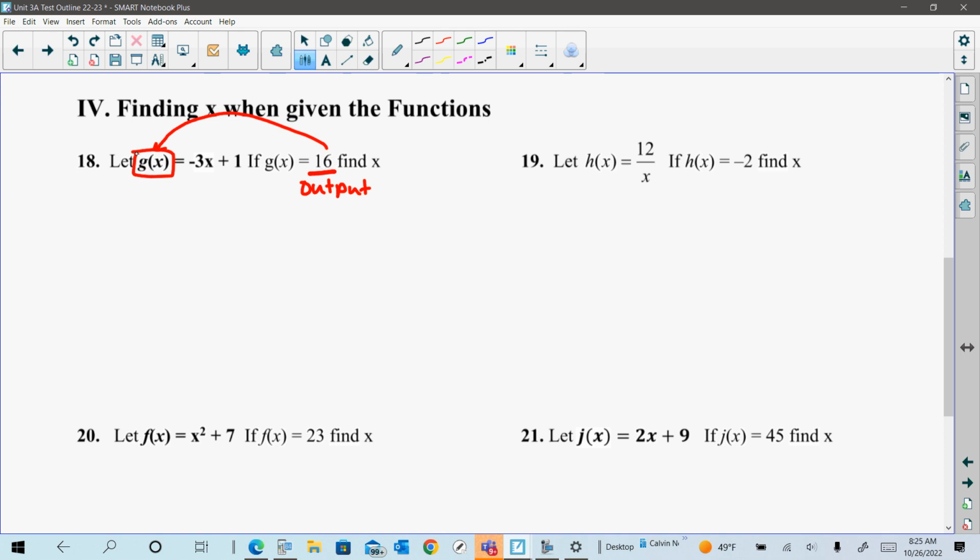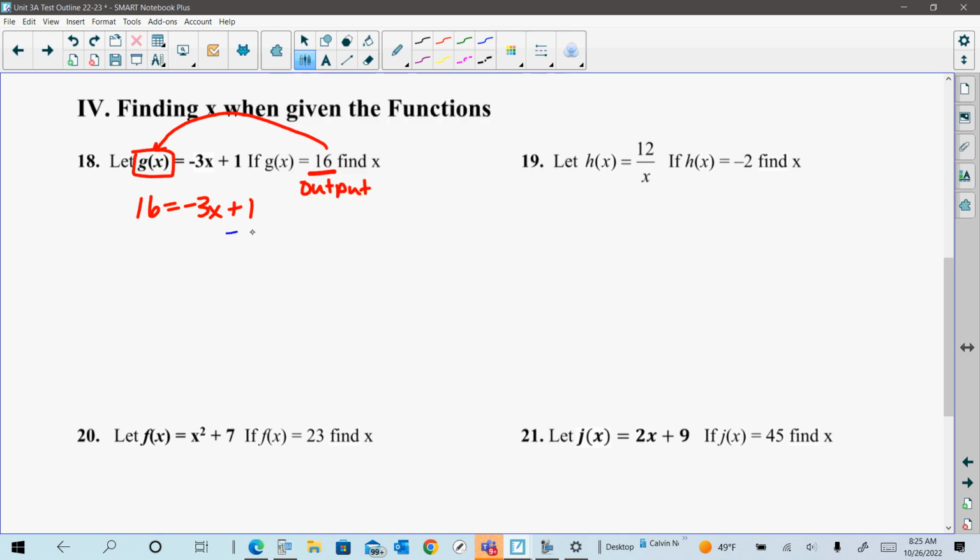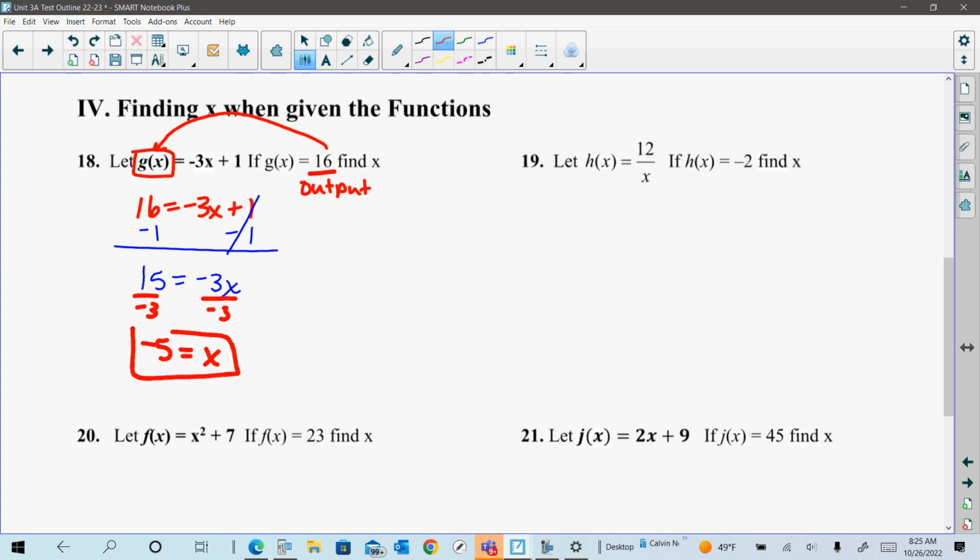So I would set it up as 16 equals negative 3x plus 1. And now you're just solving for x. So this is a basic two-step equation. Subtract 1 to get rid of the constant. 15 equals negative 3x. Divide by negative 3. So negative 5 equals the x. And that's what you're trying to find.